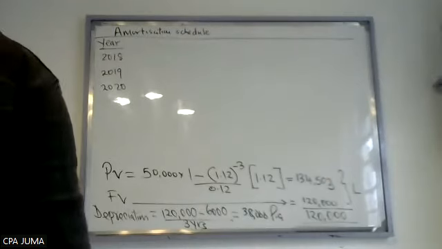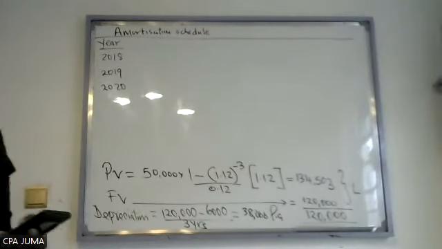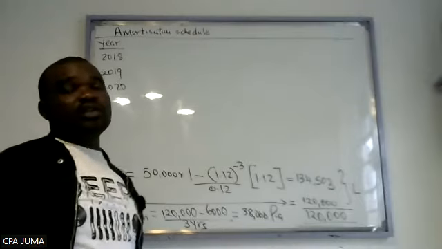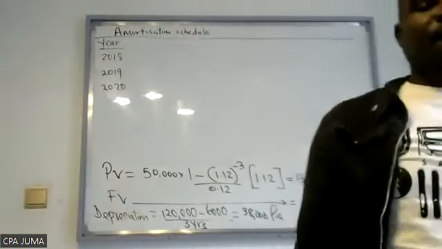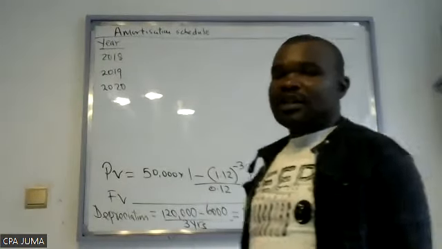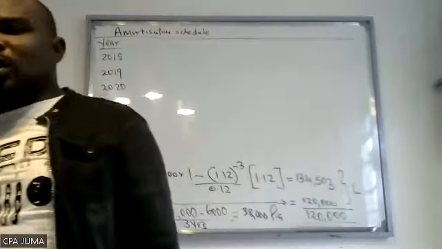When it's getting a different PV, can you share kindly? Just share what you are getting, then we compare notes. Mwende is getting 120,091.